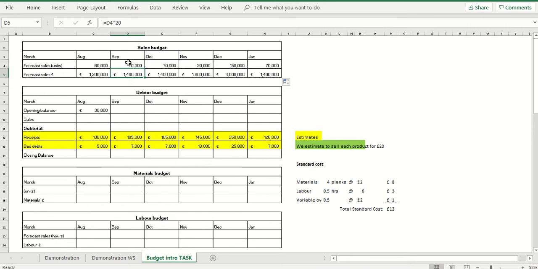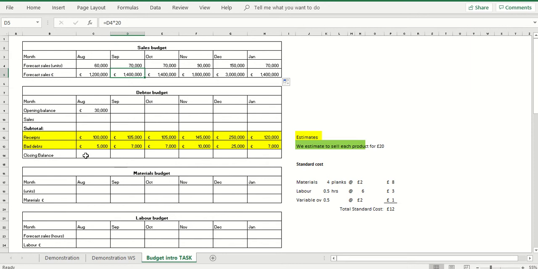The next budget is the debtor budget. The debtor budget is effectively a budget that shows how much our debtors will owe us. In other words, our debtors are our credit customers, customers who have bought on credit from us.